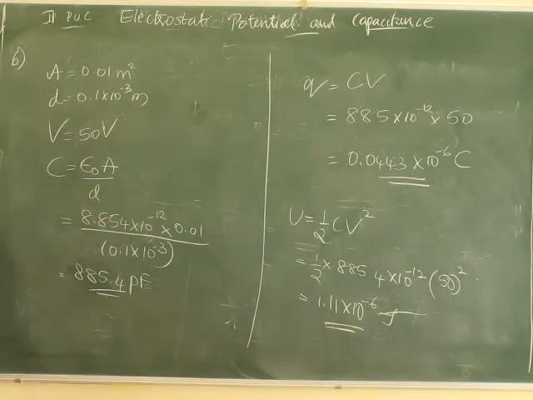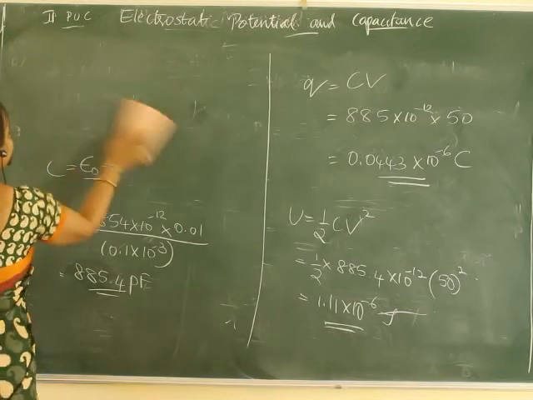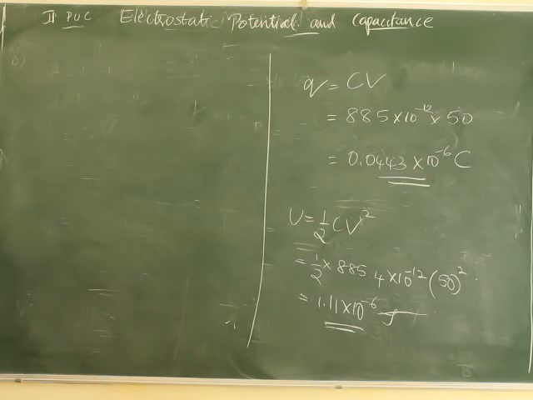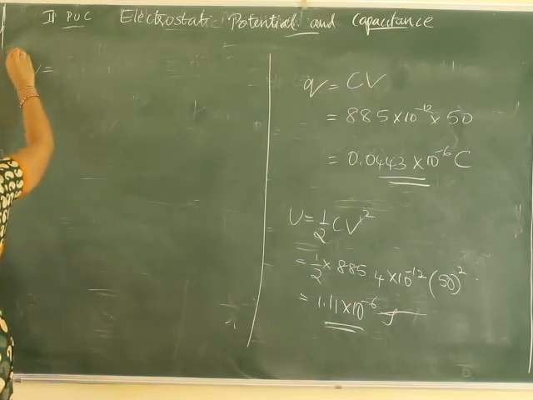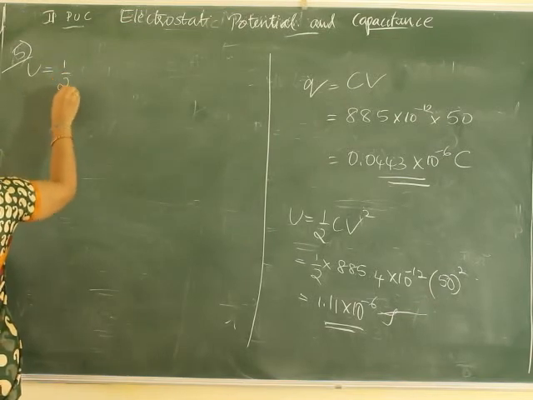In the previous problem, energy we got as 60 into 10 to the power minus 6. No, it should be how much? We'll go for the previous problem. We had got the answer for K. Then you have to calculate what? U. Question number 5. U is equal to half CV we have written.